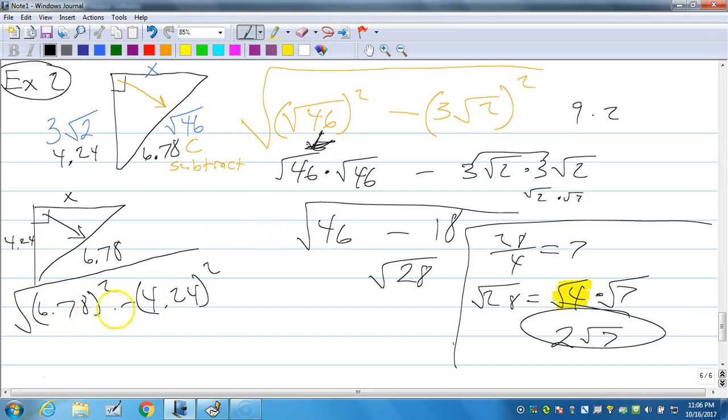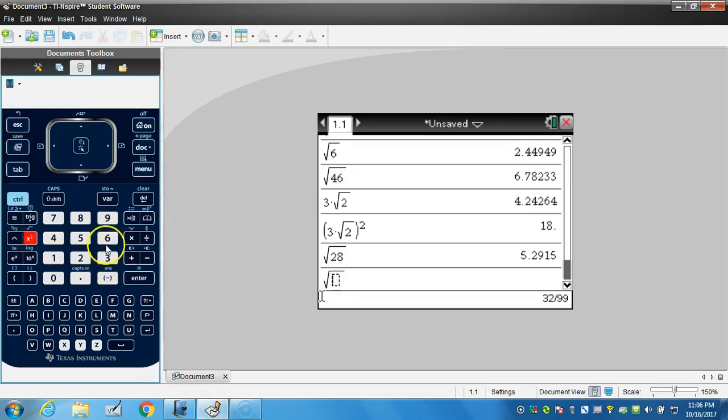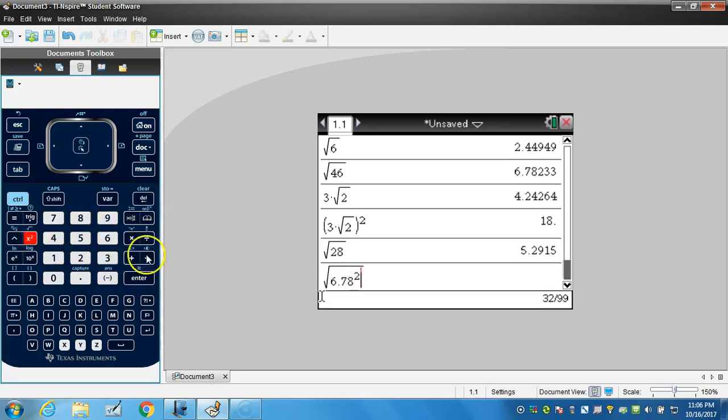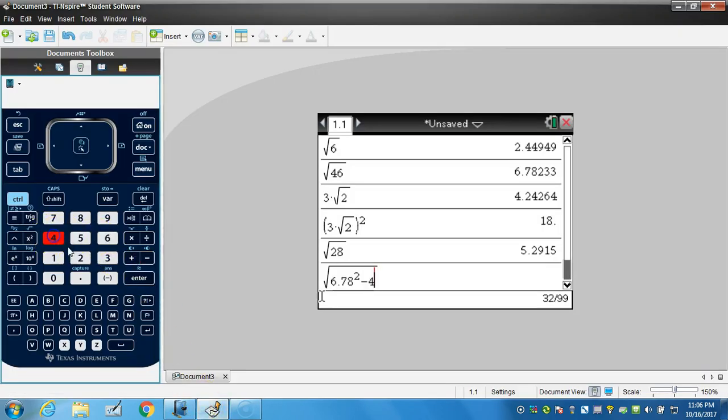I'm just curious what I would have got if I did it over here. The decimal, 6.78 squared minus 4.24 squared.